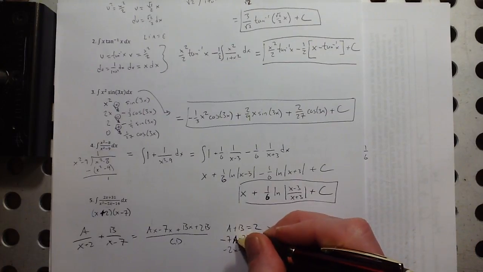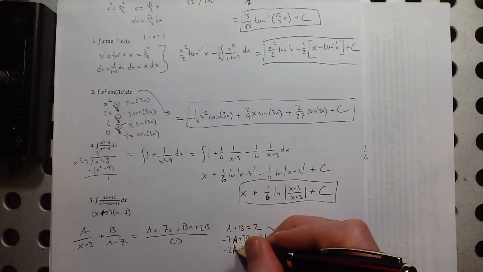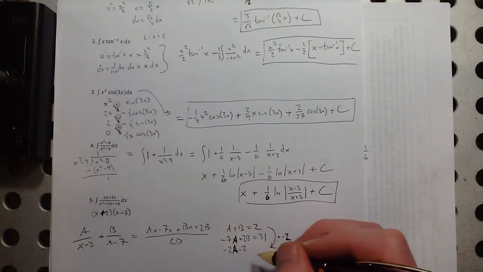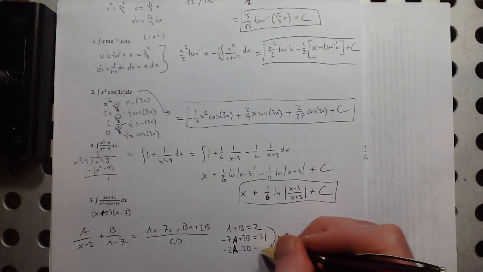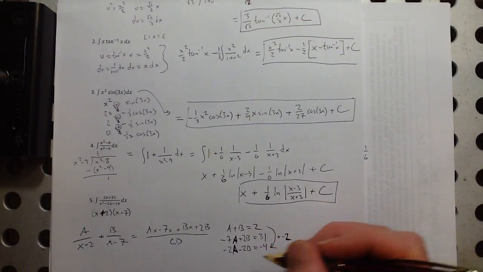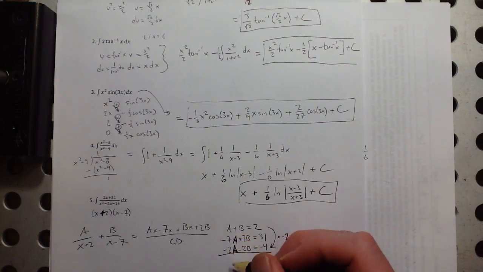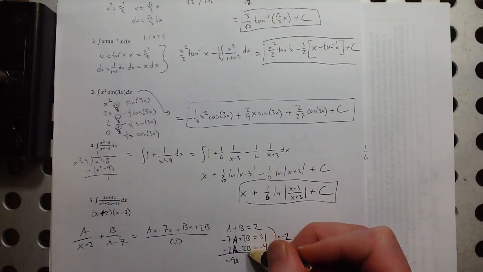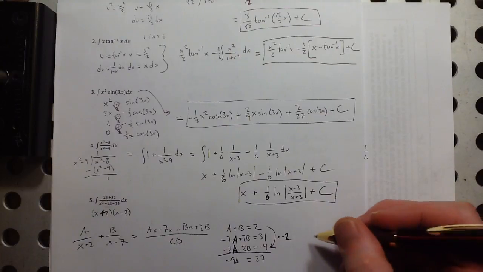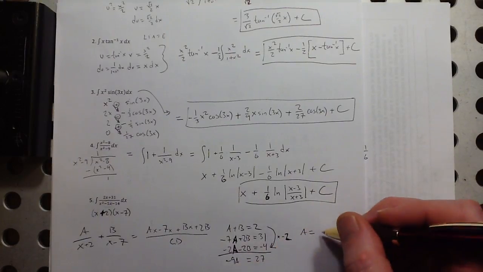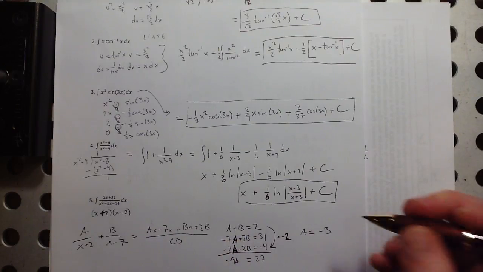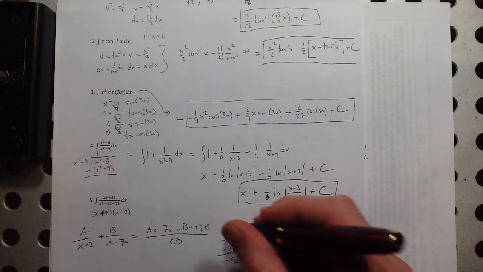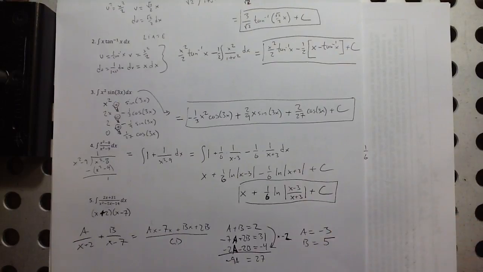This is supposed to be an A. So minus 2A minus 2B, that's what I'm setting that up for, and minus 4. So that's minus 9A, and then the B's cancel out, and I get 27 here. So it looks like A is equal to negative 3. If A is negative 3, then B must be 5 for those to add up to 2.